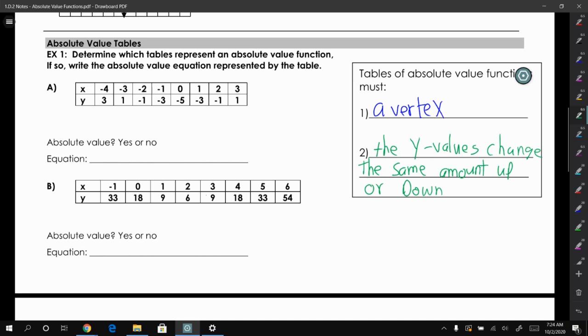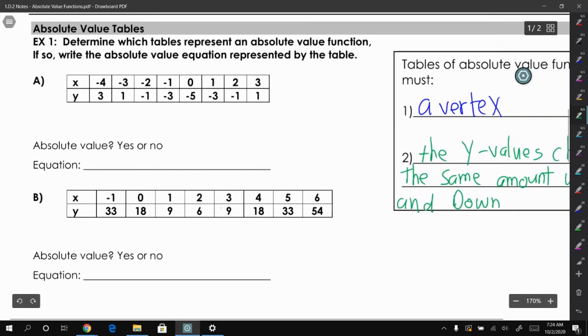So what I mean by that is that the y values are going down by 3 and then up by 3, or maybe up by 5 and then down by 5. So let's look at this table here.